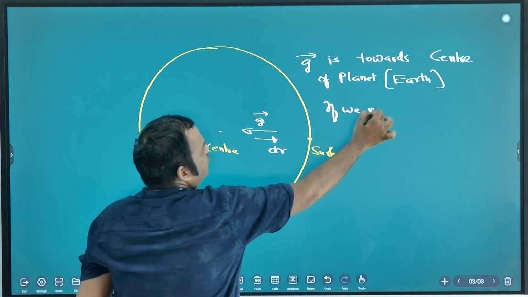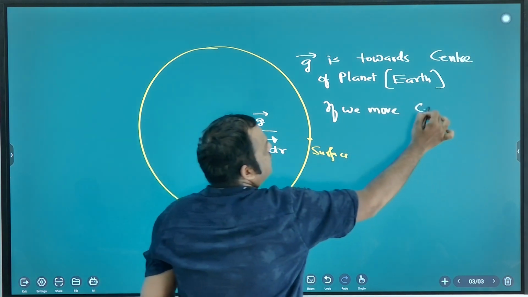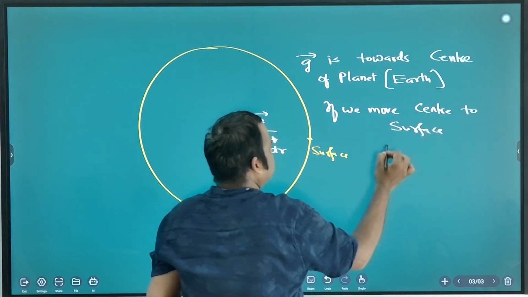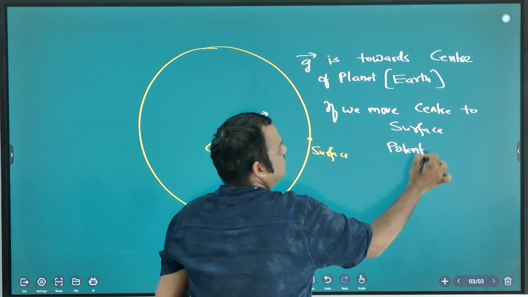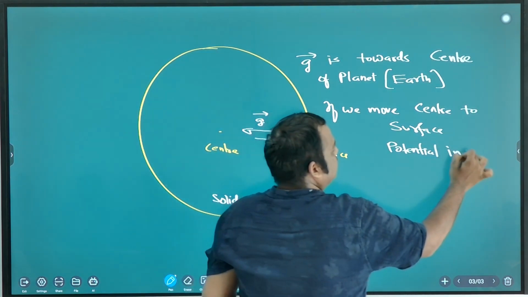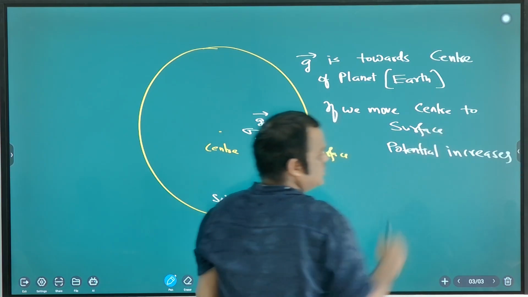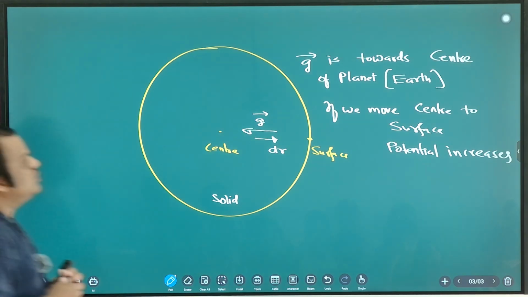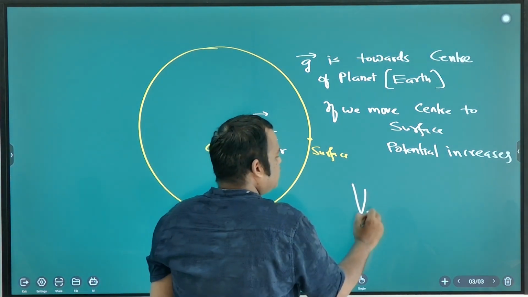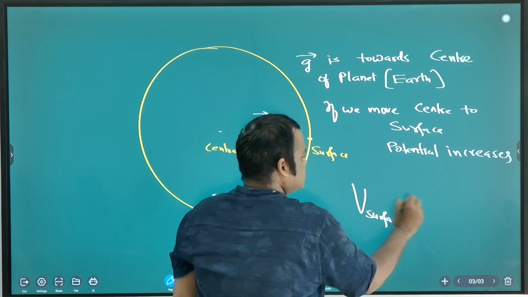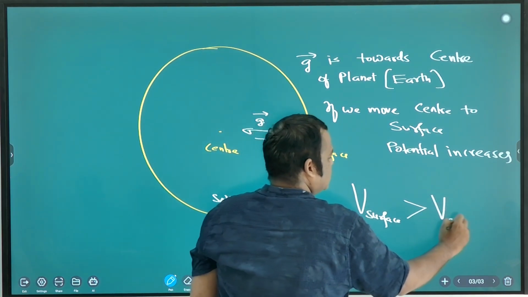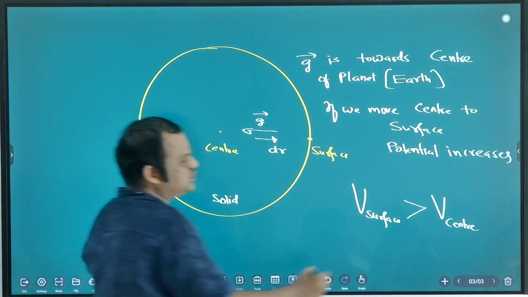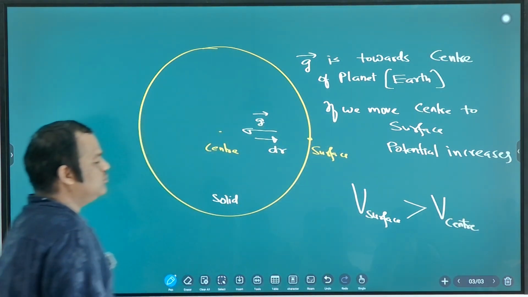If we move from center to surface, potential increases. So the potential of the surface is greater than the potential of the center.